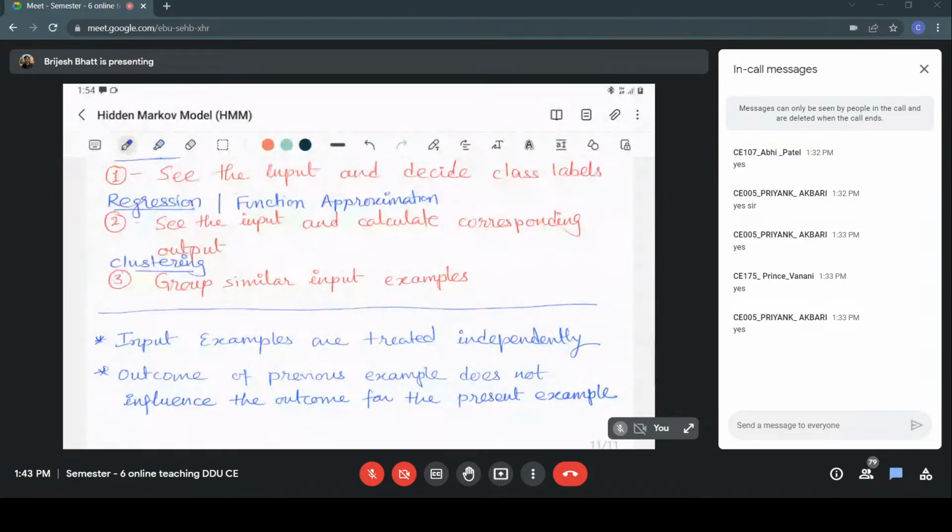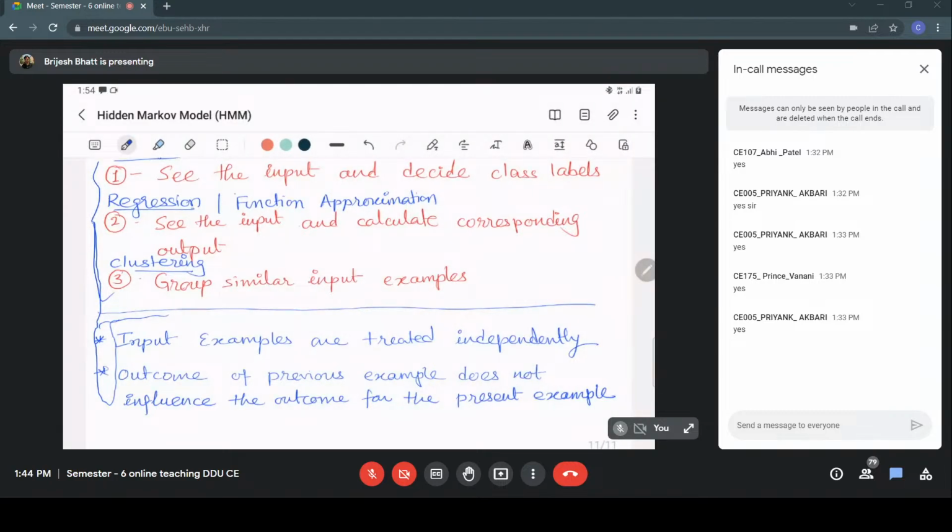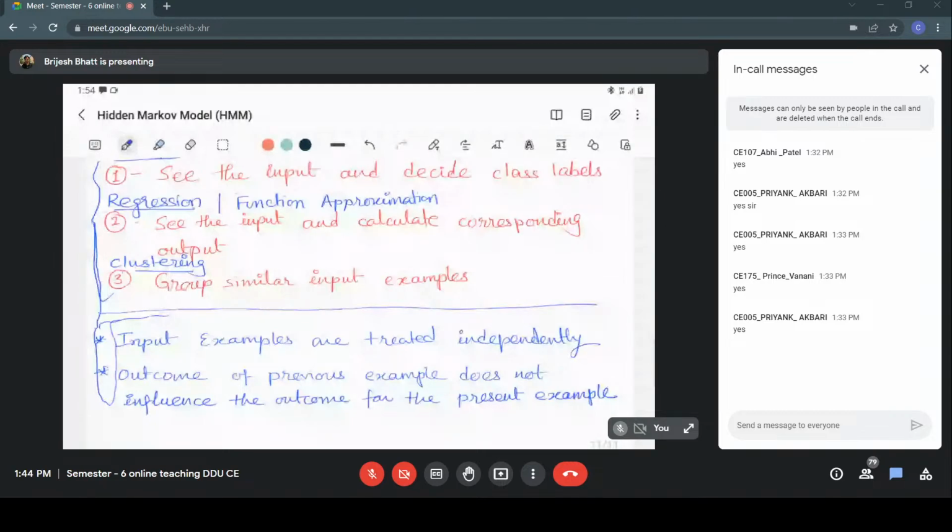This is what I mean. I'm making a very general statement for all three of these. Do you agree with me? Very simple thing, but intuitively this has to be very clear. So is this clear what I'm trying to convey here? Can someone confirm?